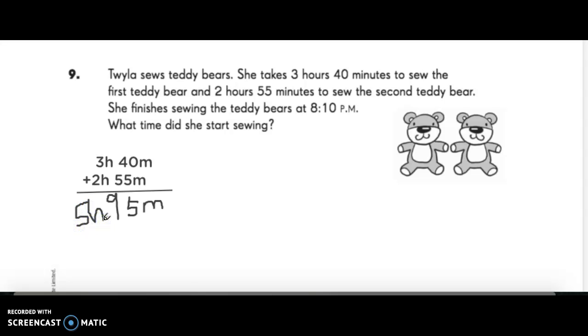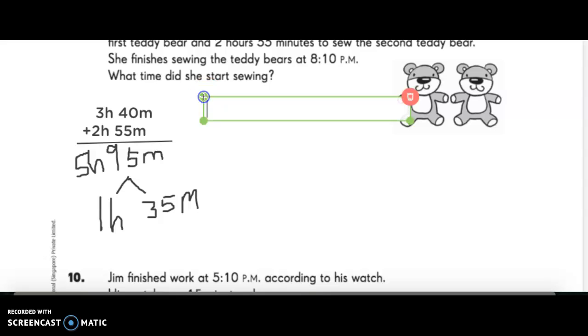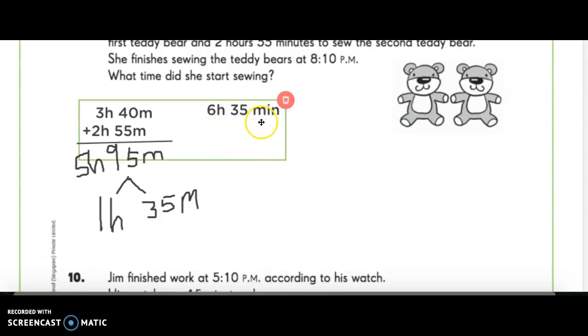Now again, this cannot stay like that, so we need to pull out an hour here, and then we're thinking 95 minus 60 leaves us with 35 minutes to then get a total time of 6 hours and 35 minutes that she was working.